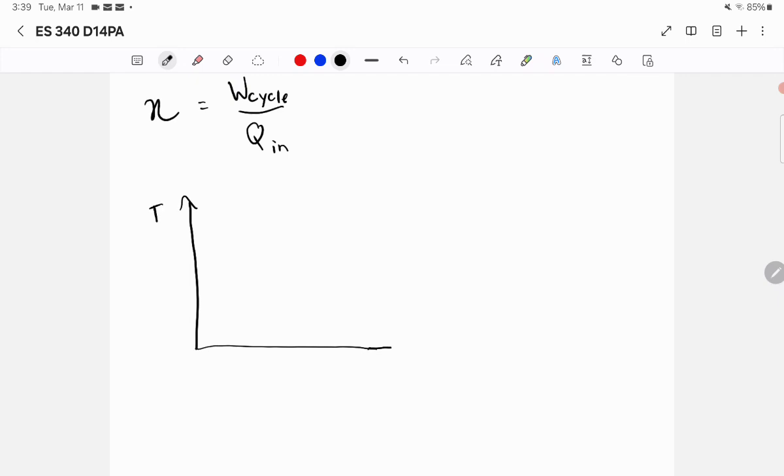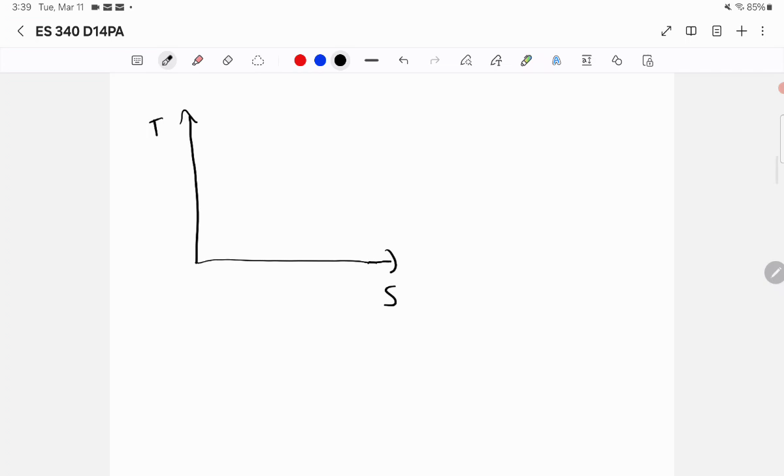This is one of the reasons the TS diagram is quite useful. Just like, remember, the PV diagram was useful when we wanted to figure out how much work was done, because it's just the area inside of that curve. It's a similar kind of story here.